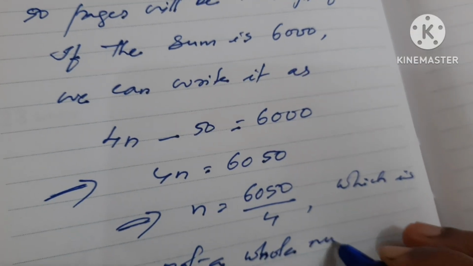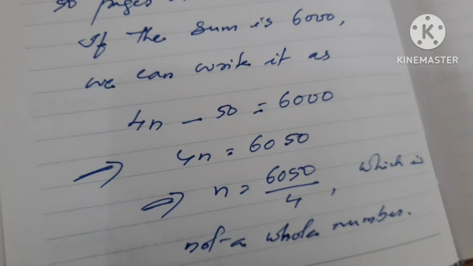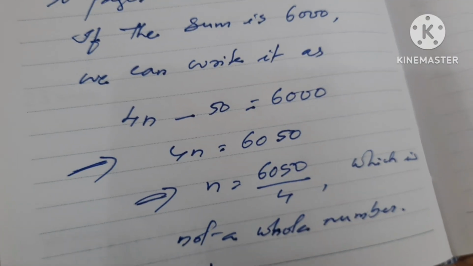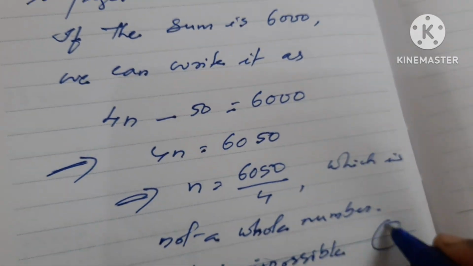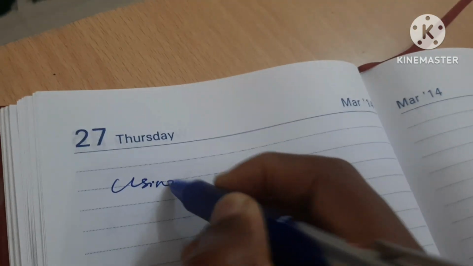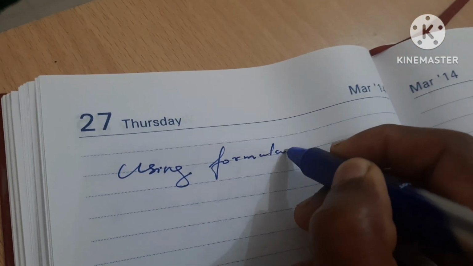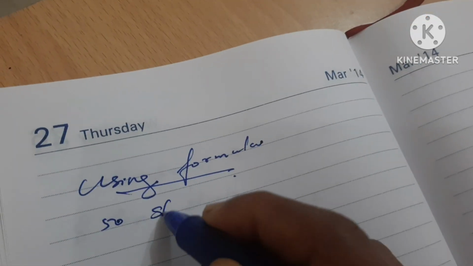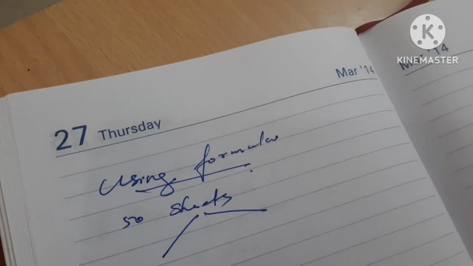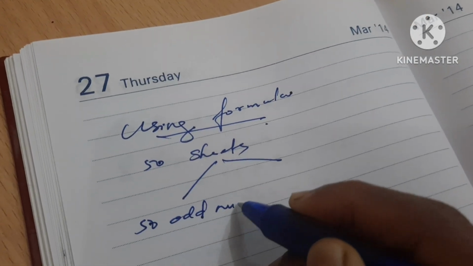Which is impossible. So the sum of the page numbers of 50 random sheets in a book being 6000 is impossible. Okay, using the formula alone, let's see. Each sheet consists of two consecutive numbers. So 50 sheets means there are 50 odd numbers and 50 even numbers.